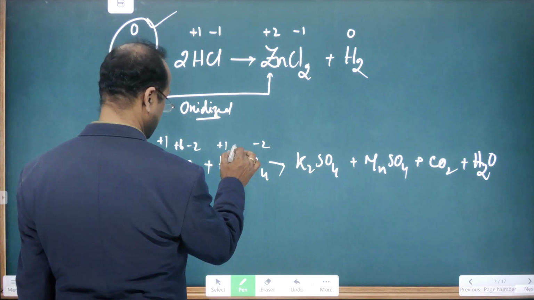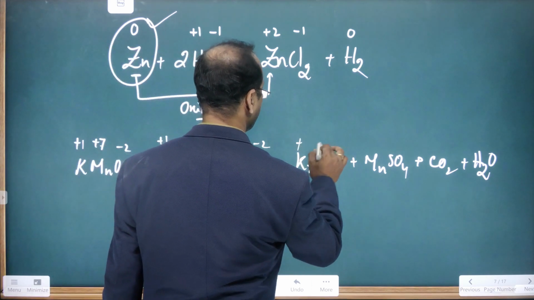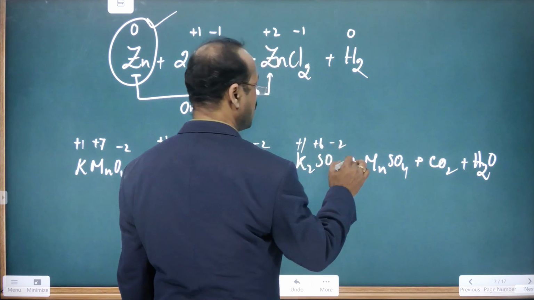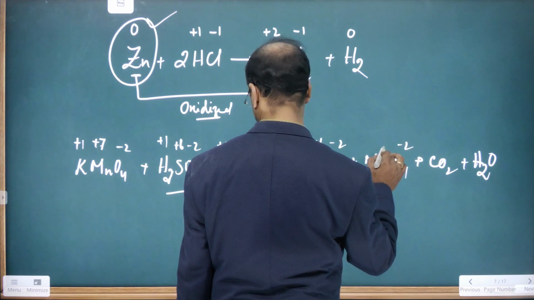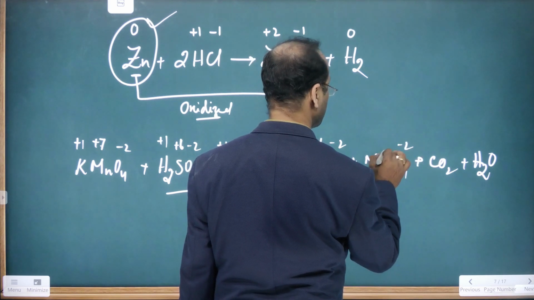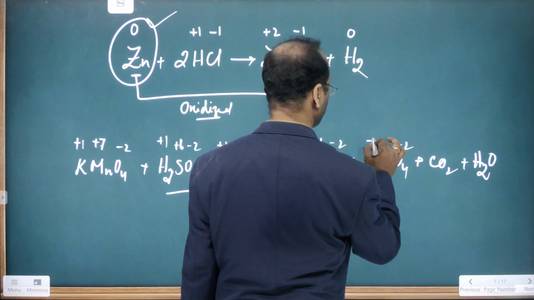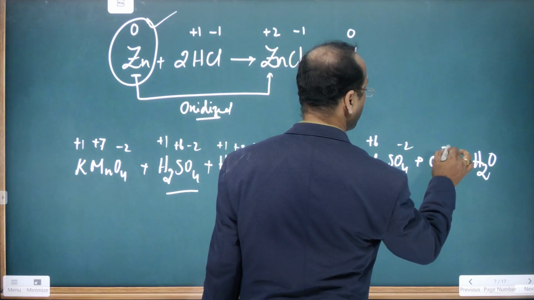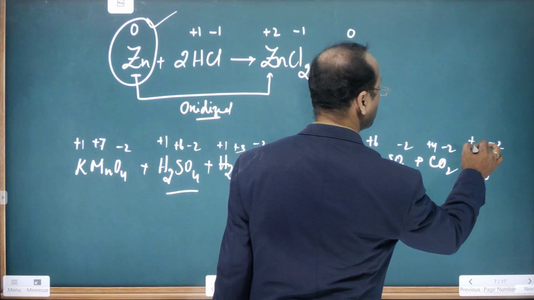So this becomes +6. In the sulfates, oxygen is -2, and sulfur is +6. In carbon dioxide, oxygen is -2, carbon is +4. In water, -2, +1.